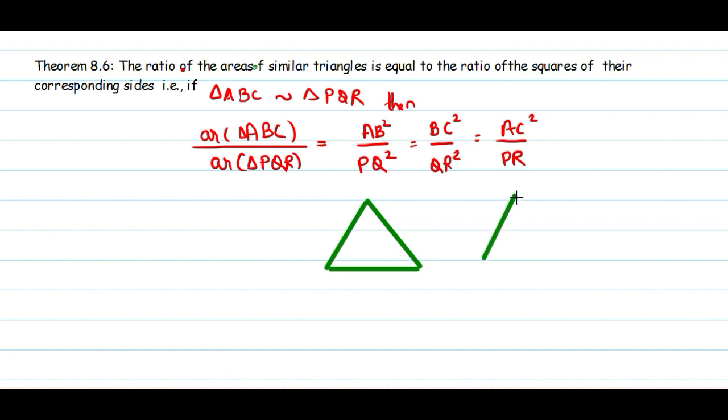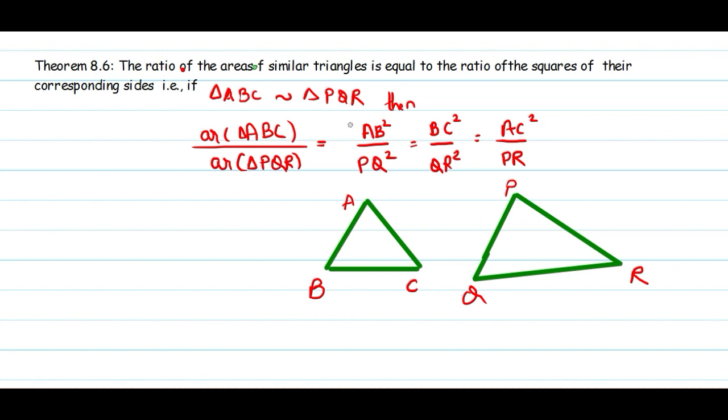Here is ABC, and let this be PQR. If I mark this as A, B, C and this as P, Q, R, then the area of triangle ABC divided by the area of triangle PQR will be equal to AB square by PQ square.